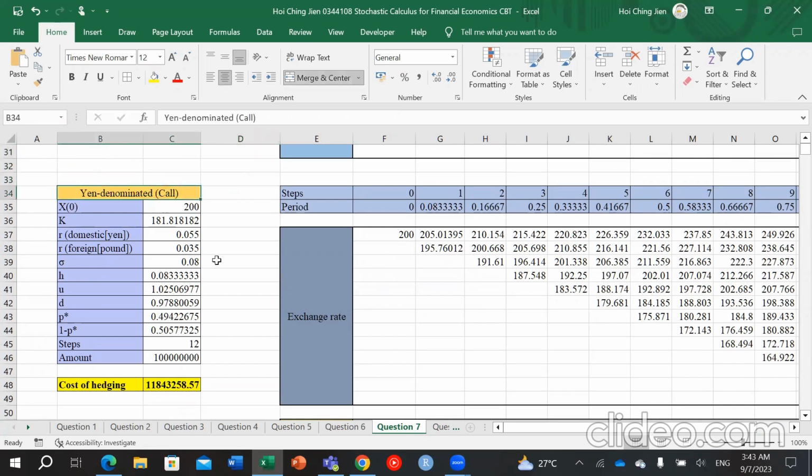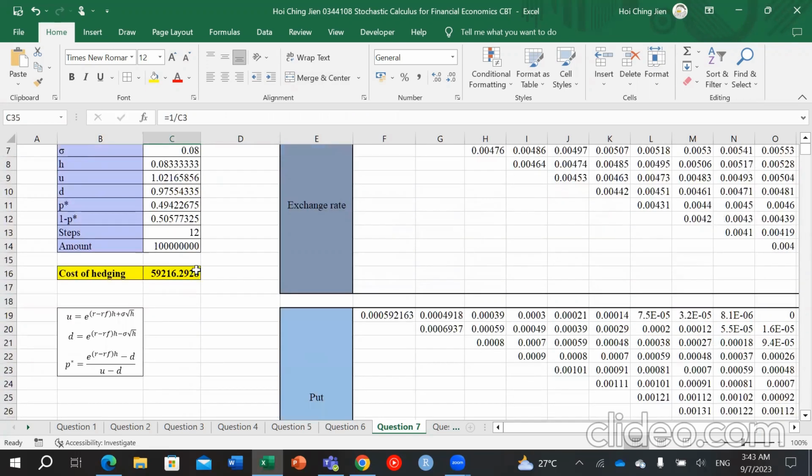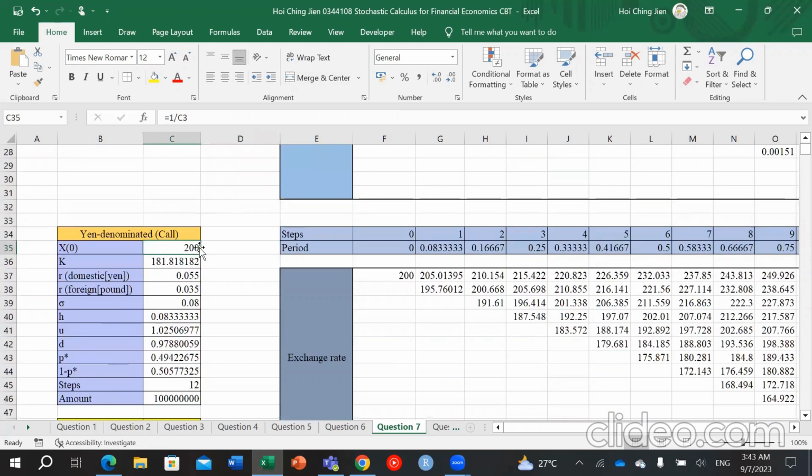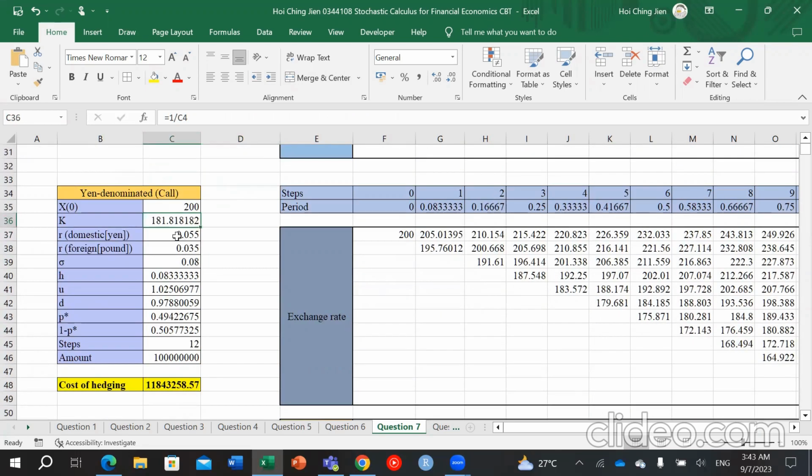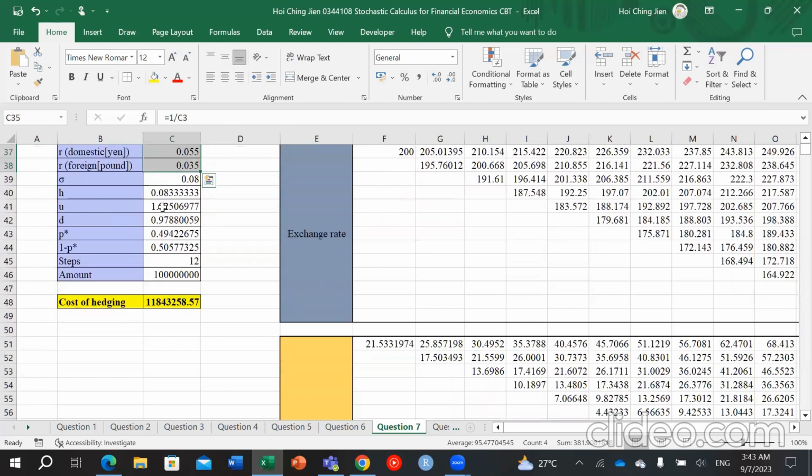In this case, the x0 is totally different because we need to use the put-call duality, which is 1 divided by the x0 above, 0.005, and we will get 200. K value as well, 1 divided by the K value above, 0.0055. And the R domestic now becomes yen, and the R foreign becomes pounds.